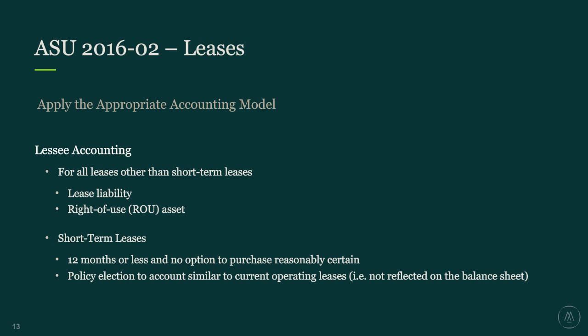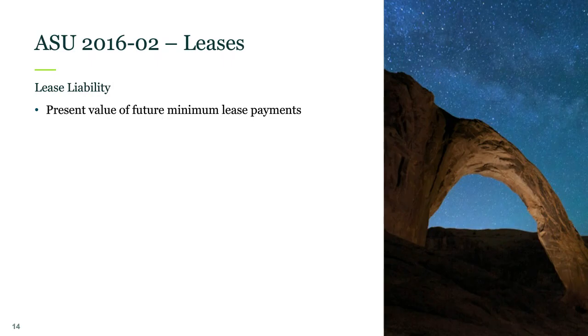So, like I said, for all of these assets, we're going to set up the balance sheet the same way on day one, and then the accounting model will change as we go along. The liability becomes just the present value of the future minimum lease payments, and we'll get to the discount rate in a few slides.